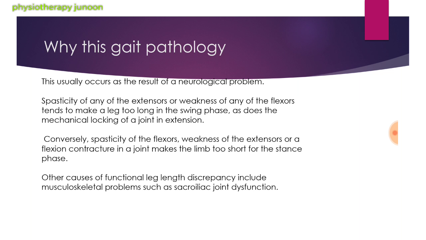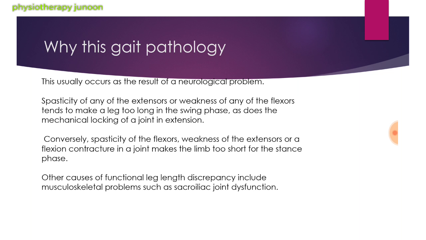When your leg is in swing phase, if the extensors are spastic or the flexors are weaker, then you see the leg length discrepancy. Conversely, spasticity of the flexors and weakness of the extensors, or a flexion contracture in a joint, make the limb too short for the stance phase.